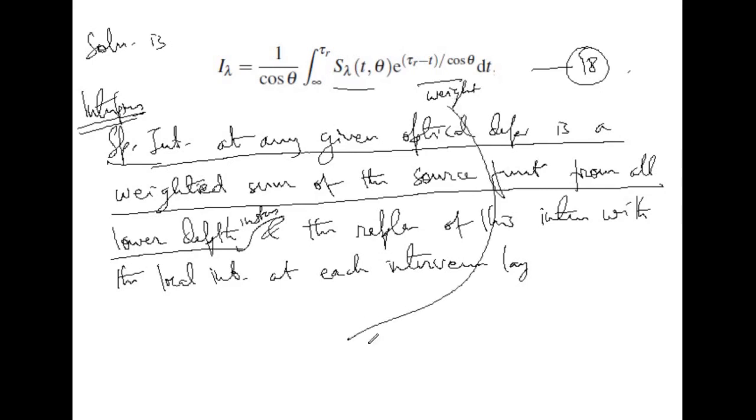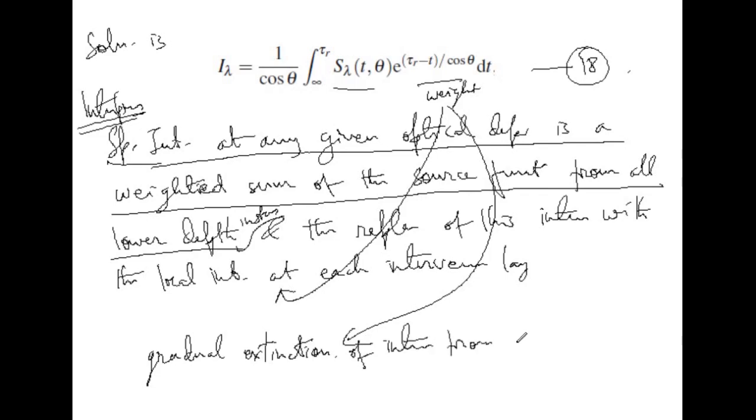So this basically has two effects. One is the replacement of the intensity with the local intensities at each intervening layer, and another effect is the gradual extinction of intensity from greater depths.